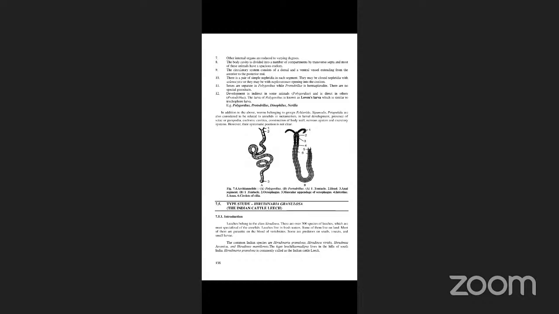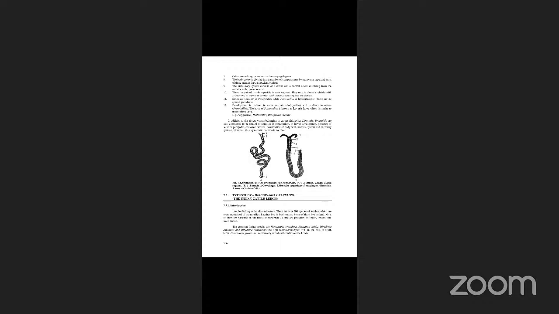Here we are studying Hirudinaria granulosa. The tiger leech, called Haemadipsa, lives in the hills of South India. And Hirudinaria granulosa is commonly called the Indian cattle leech.